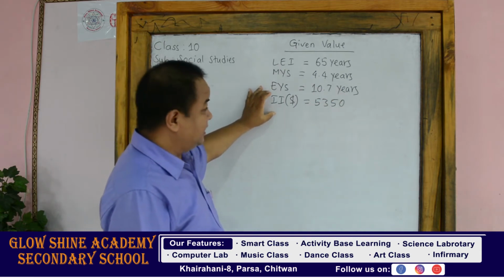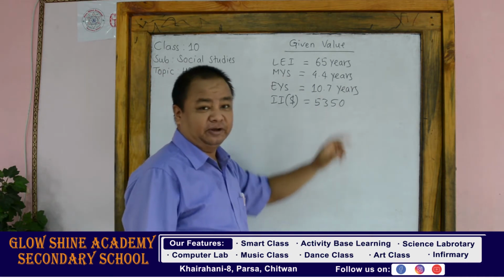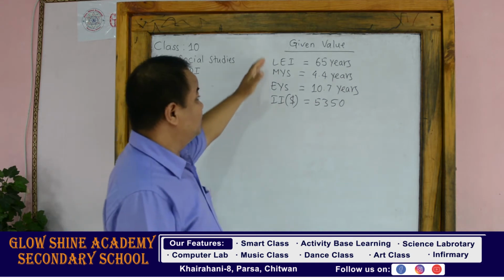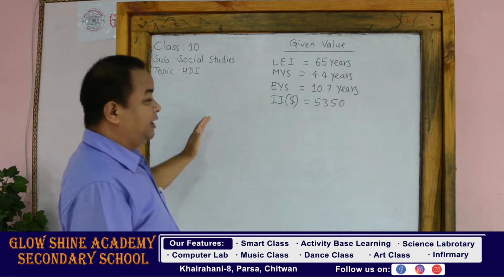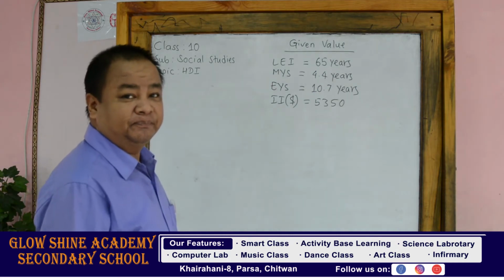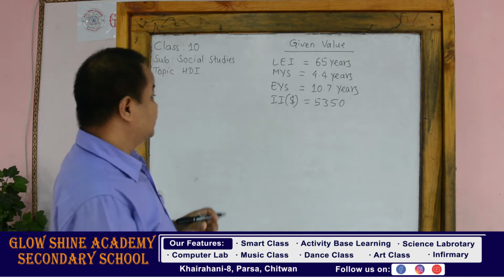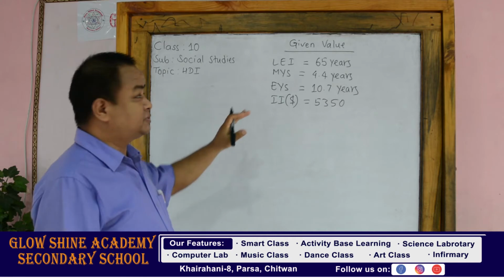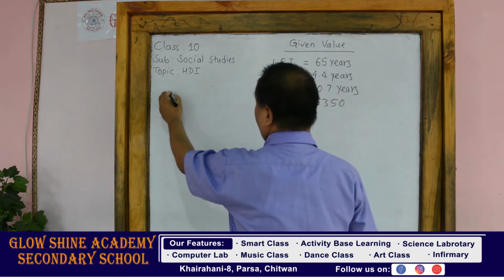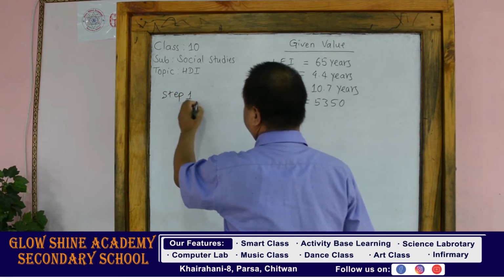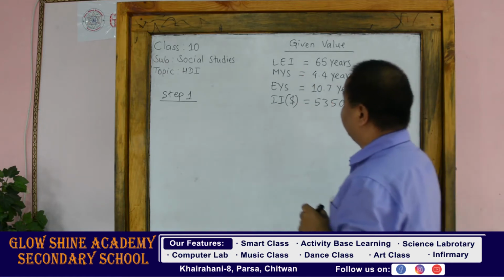And the income index of the given country is $5,350. Now, on the basis of given values, we are going to calculate the SDI of that very country. Yes, I told you we should use 4 steps to calculate the SDI. Let's see. Step 1. We should find out LEI.